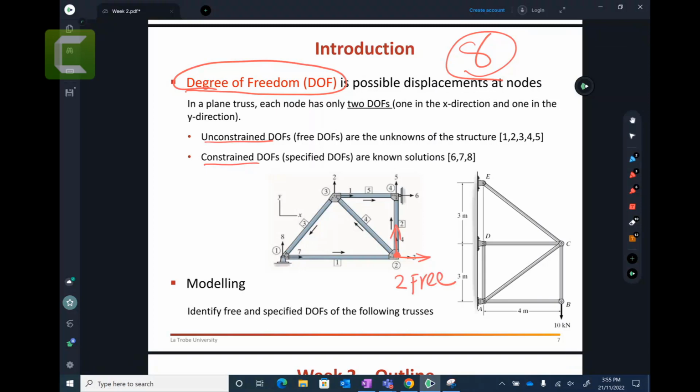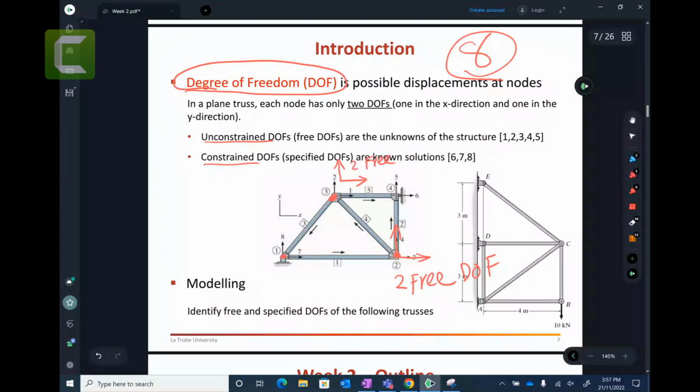Because node number 2 has no support. If I take this node, node number 3, you have another 2 free degrees of freedom, as this node can move left and right and up and down.